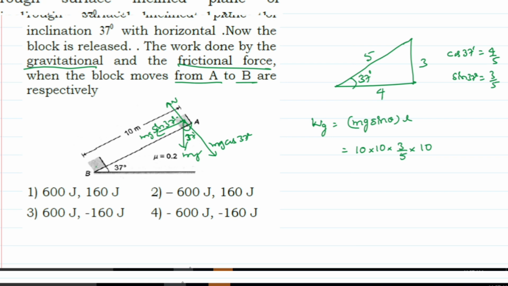So 5 twos are 10, 3 twos are 6, and 6 into 100 is 600 joules. The work done by the gravitational force is positive, because when you release the body, the force due to gravity and the displacement are along the same direction. So the work done by the gravitational force is 600 joules.